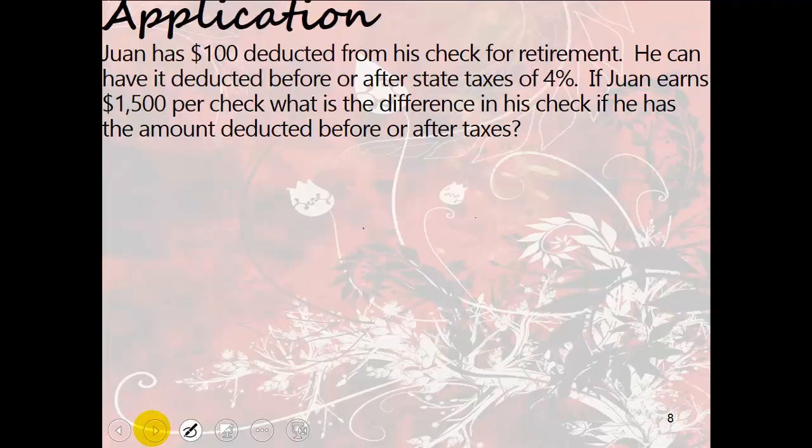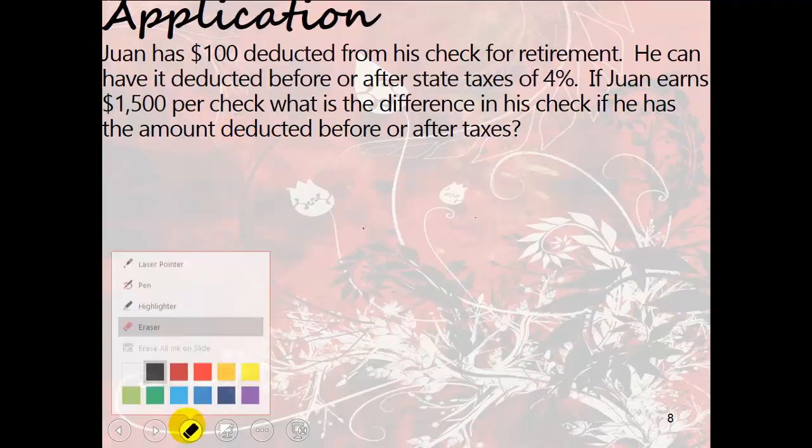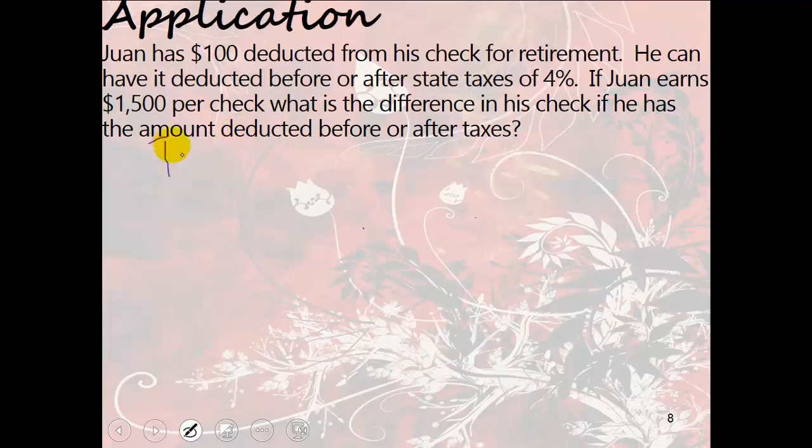So we're looking for the difference between two numbers if he has the amount deducted before or after taxes. So if we do before, we start with his pay, which is $1,500. Okay?